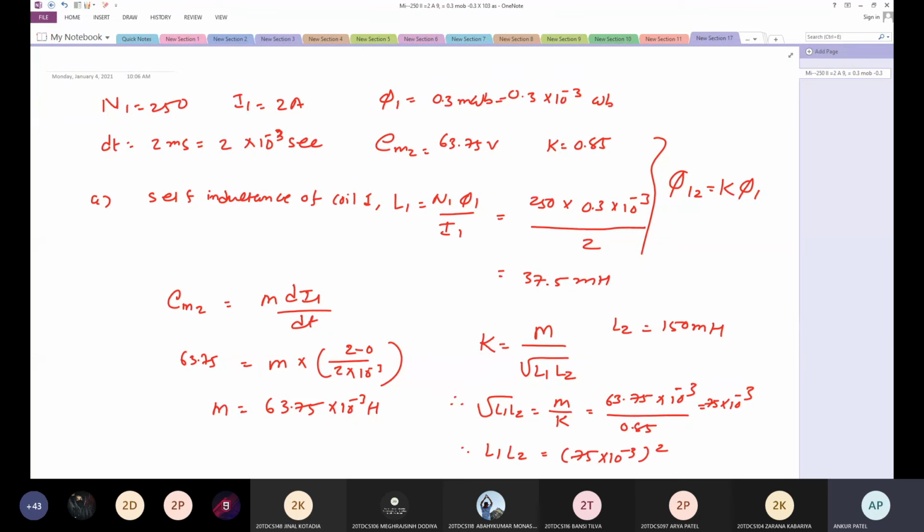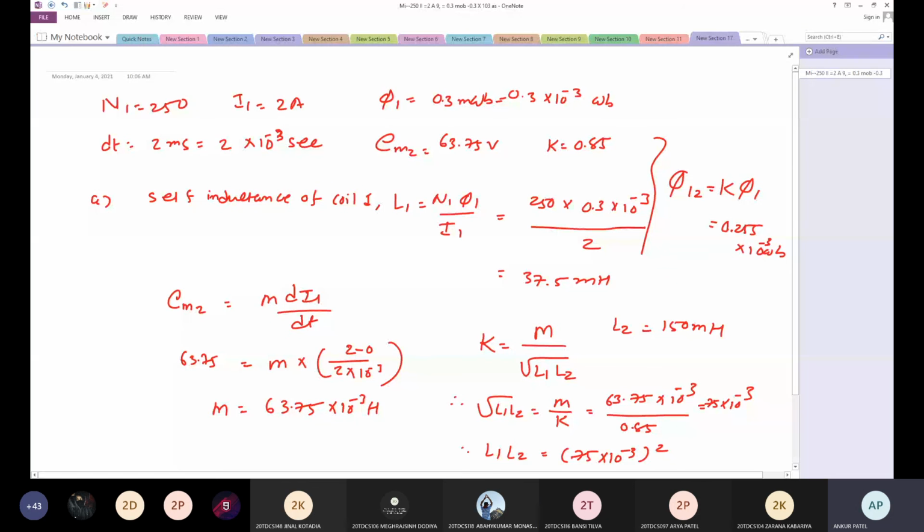So Phi12 equal to K is given 0.85 and Phi1 is given 0.3 milliweber. So the answer is 0.255 into 10 raised to minus 3 Weber.